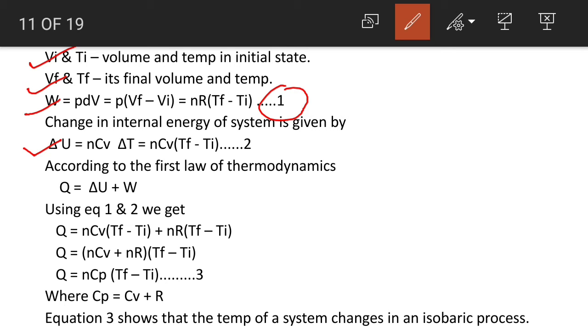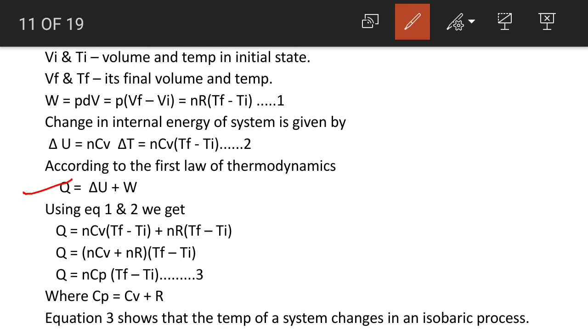This is equation number 2. Here Cv is the specific heat at constant volume, and delta T is the change in temperature.